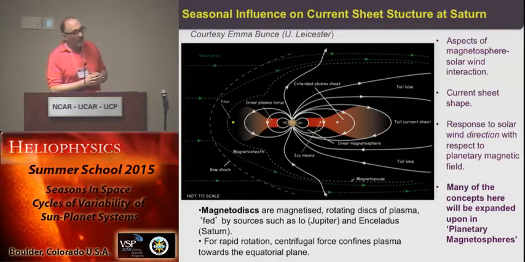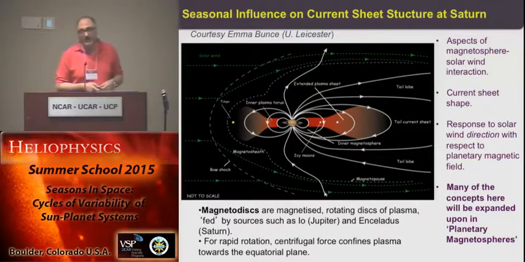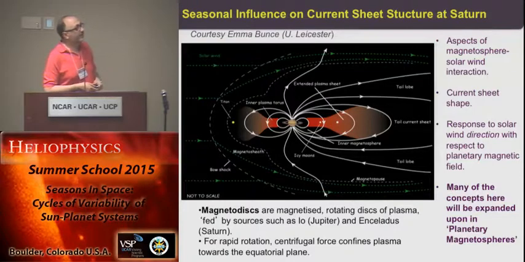Okay? All right, so to start off with, let's have a look at this diagram provided by Emma Bunce of Saturn's magnetosphere. And what we see here is sort of the classical picture of a magnetosphere, which is essentially, as I'm sure you all know, a cavity carved out in the solar wind due to the deflection of the solar wind charged particles by a planet's magnetic field or magnetospheric field.